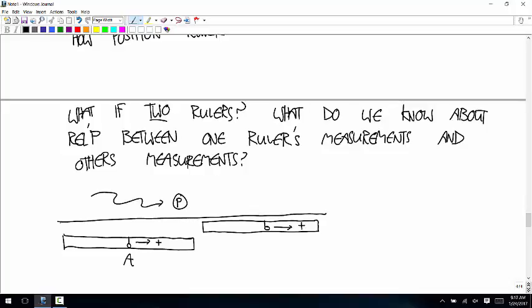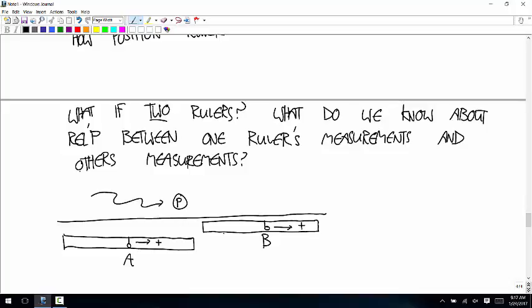So based on this, looking at the position of that particle in the picture I drew, this ruler A says that the particle P has some positive value. If I drew out all the numbers, we could figure out what that position is. And the ruler B says that that particle has a negative position.